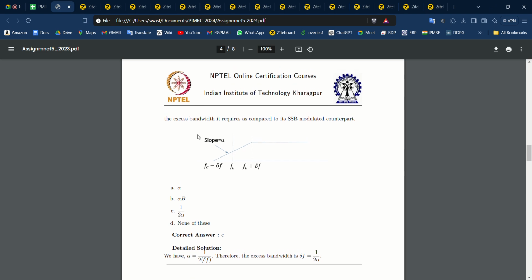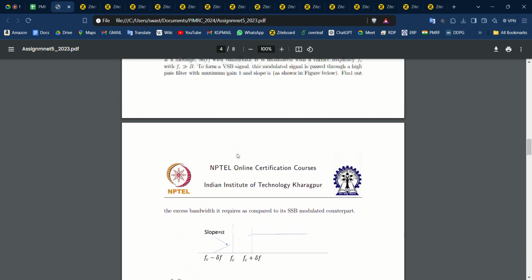In an SSB modulated signal, we allow the whole sideband, whereas in VSB we allow only one sideband and a part of another sideband.